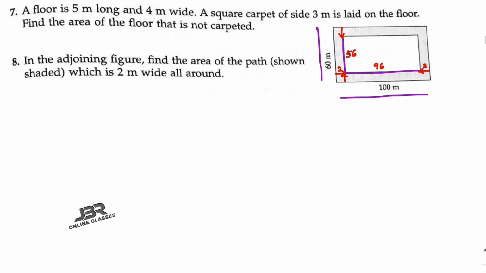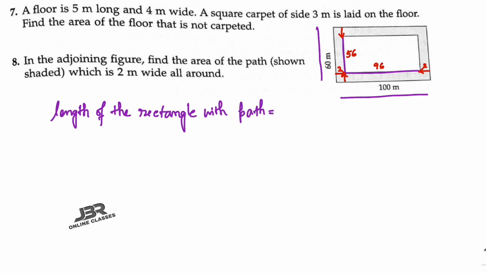So first here you have to write down length of the rectangle with path, that one equal to 100 meter. Then breadth of the rectangle with path, that one equal to 60 meter.